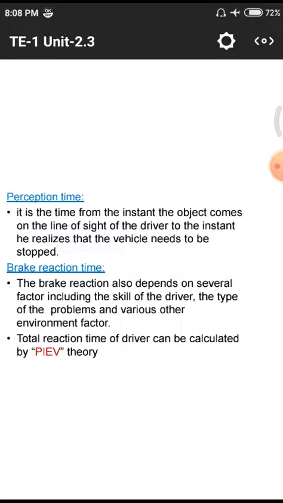We need some perception time. This information has to reach our brain with the help of our eyes and ears. While driving we observe with our eyes, and if there is a vehicle behind us, definitely it will blow its horn, and we need to hear it with our ears. So our eyes and ears play a major part while driving, and perception time depends upon those two things.